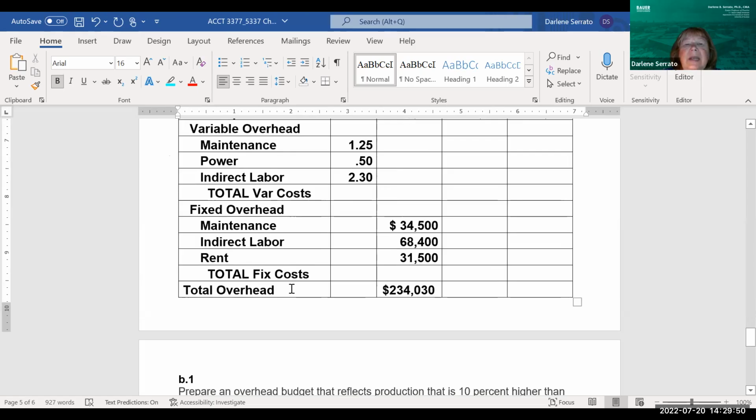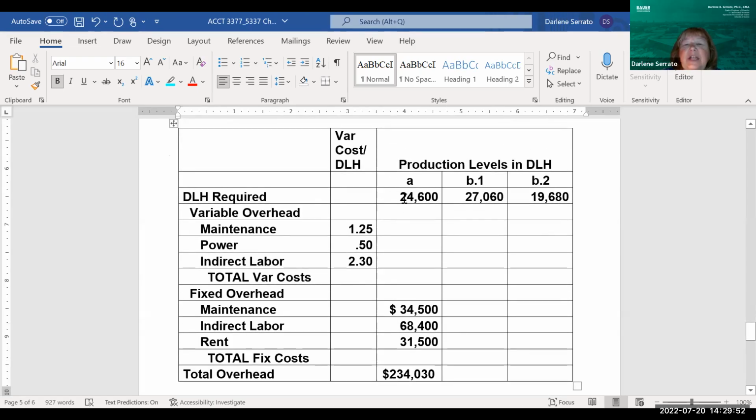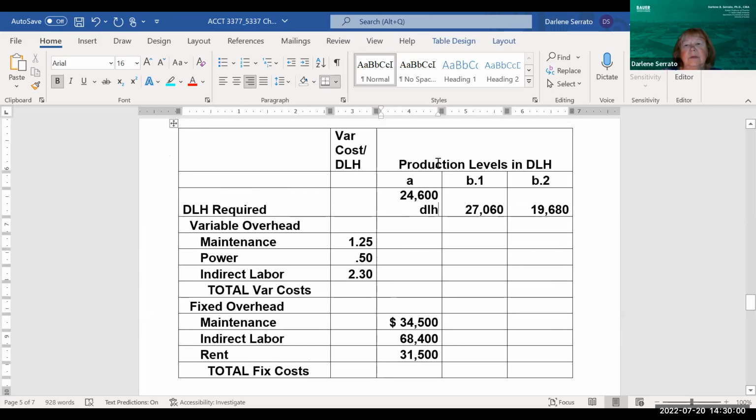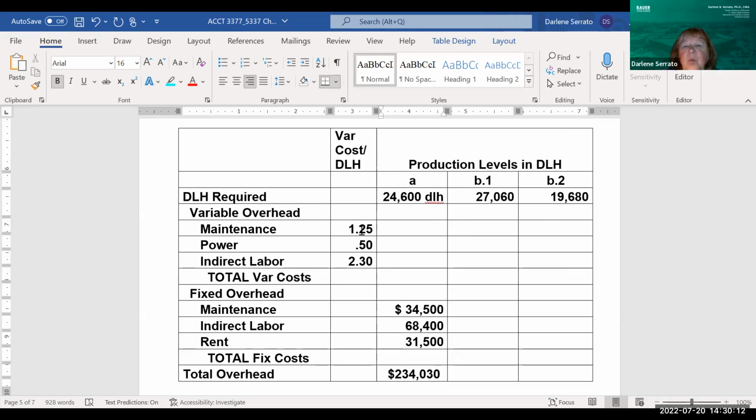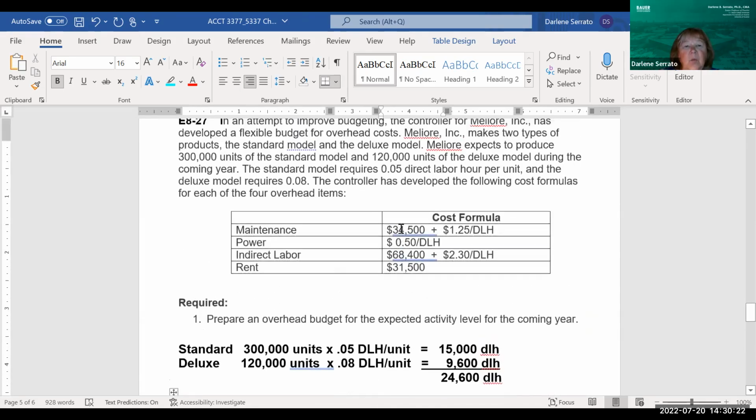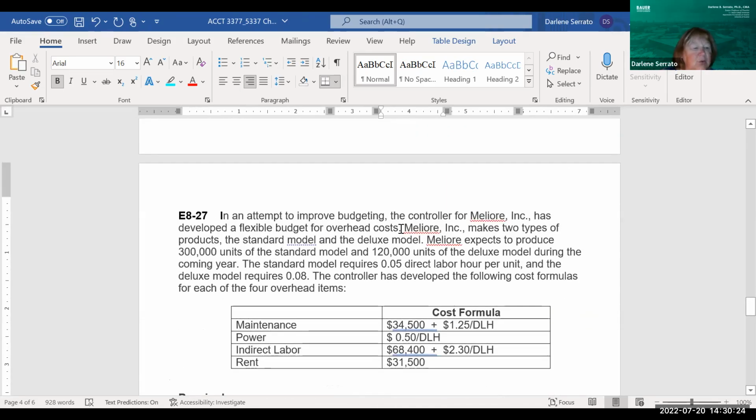So to calculate the flexible budget for 24,600 direct labor hours, we're going to multiply the rate, the variable rate per direct labor hour, times the direct labor hours. So we are working on exercise 827.